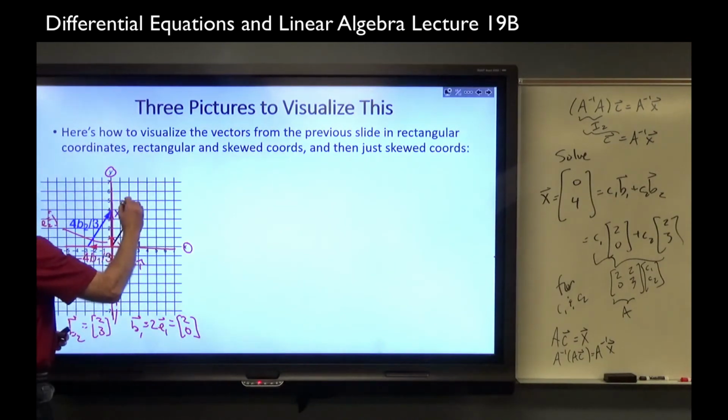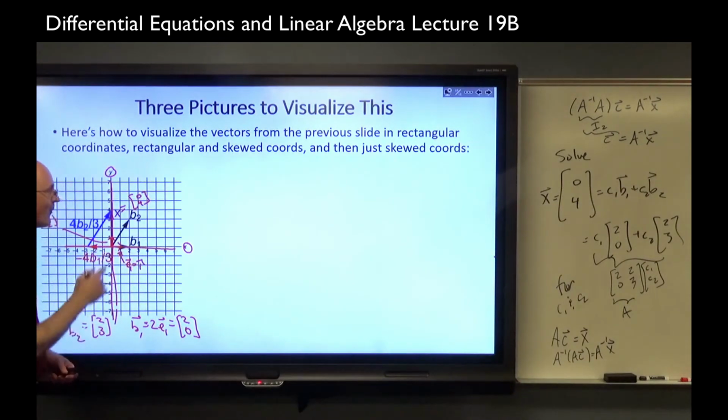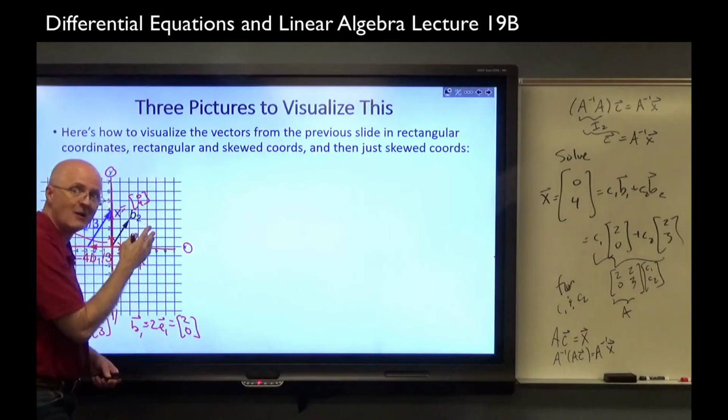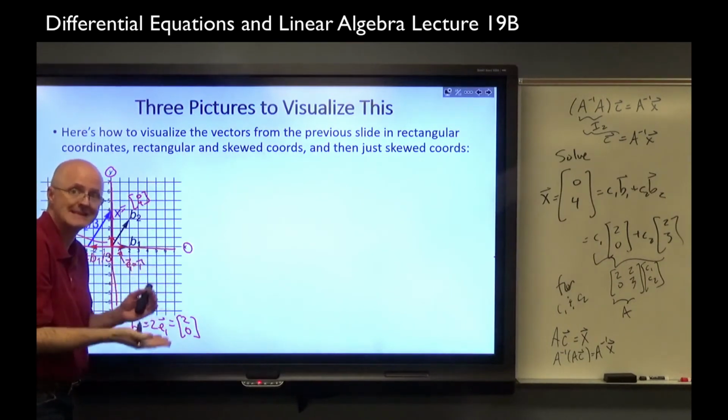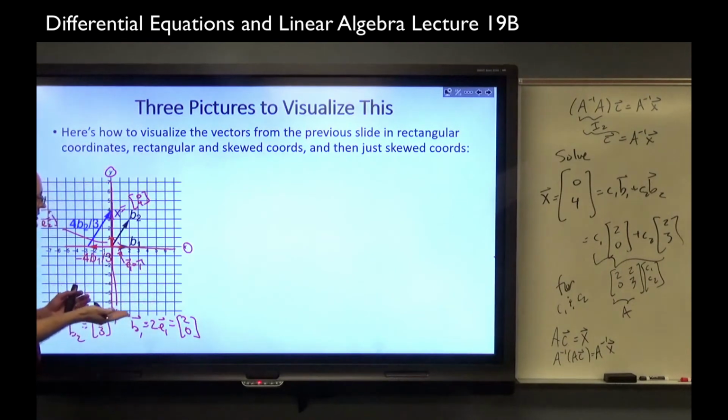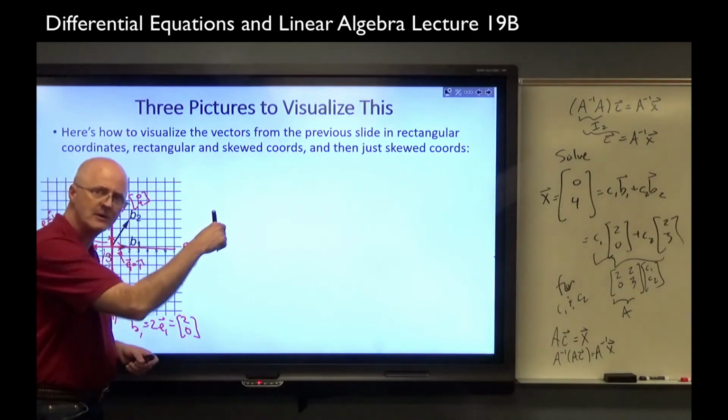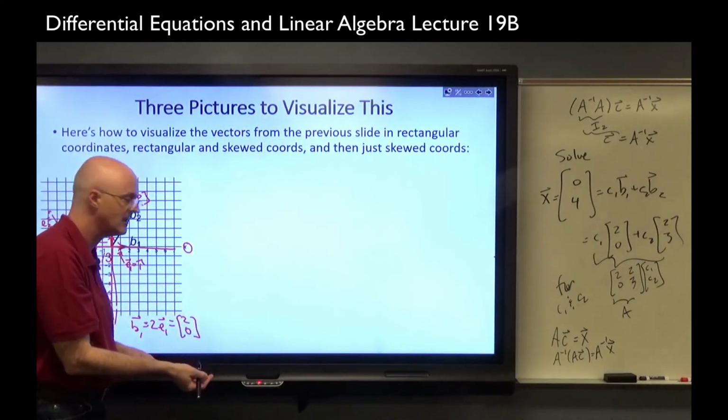X is my 0, 4 vector in the standard basis. When you talk about a vector's ordinary coordinates, it really means with respect to the standard basis, E1, E2, or i hat, j hat. And I was trying to write X as a linear combination of B1 and B2. The answer I got was negative 4/3, 4/3 for C1 and C2.